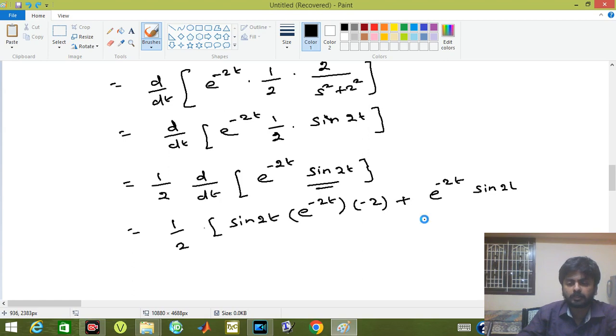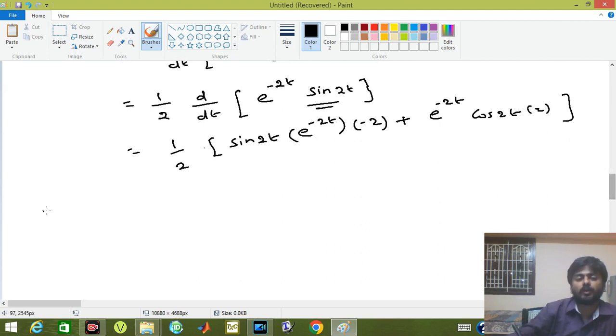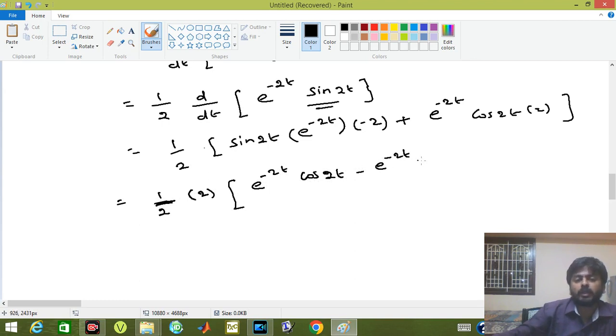u v dash plus v u dash. u dash means you will get cos 2t into 2. So here you will have 1 by 2 into 2 times e power of minus 2t cos 2t minus e power of minus 2t sine 2t.